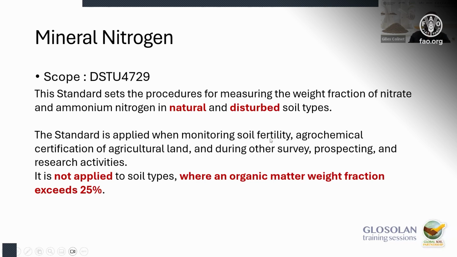It is used to monitor soil fertility, certification of agricultural land, or survey, prospecting, research. But it should not be applied when you have a big organic matter content, here more than 25%. I don't know if there are many soil types in Ukraine with these levels of organic matter, Chernozems and so on, but in Belgium we don't have these levels except in forest soils.